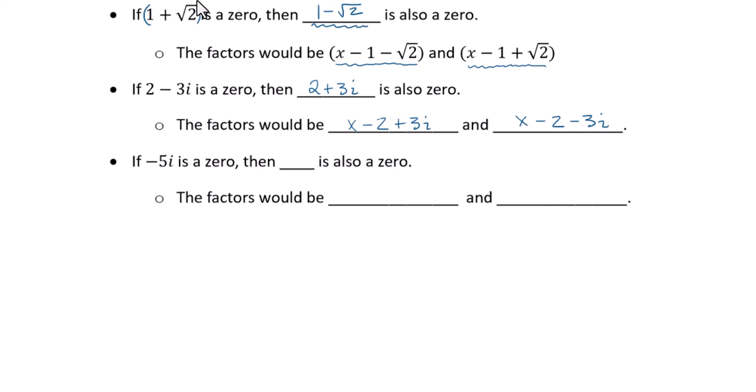Well, remember, as a complex number in a plus bi form, we have 0 minus 5i. So the conjugate would be 0 plus 5i, or just 5i. Now, the factors of that would be x minus the -5i and x minus 5i.